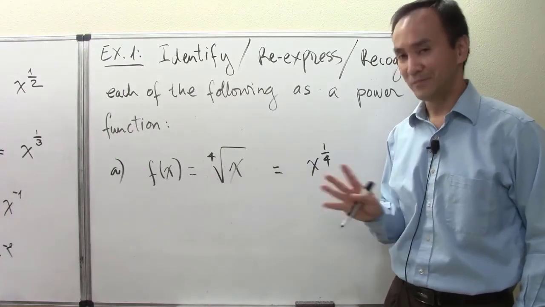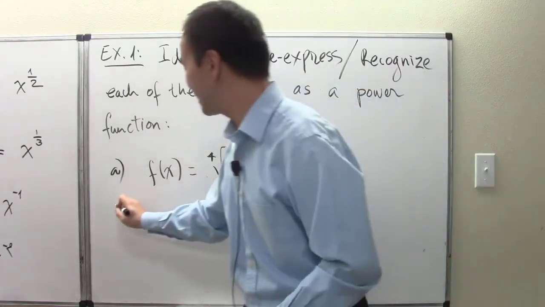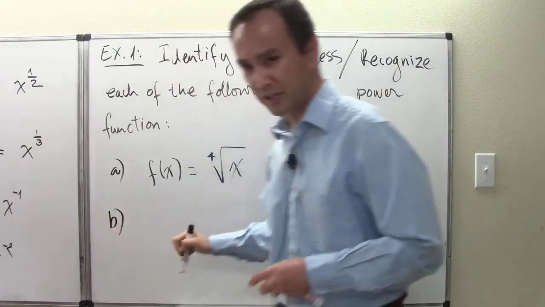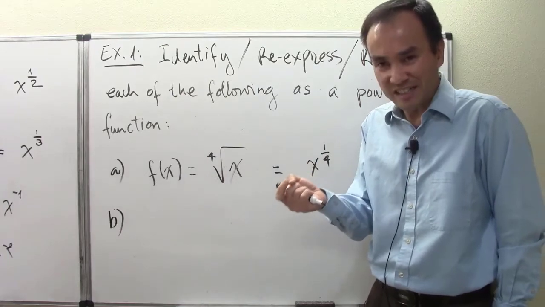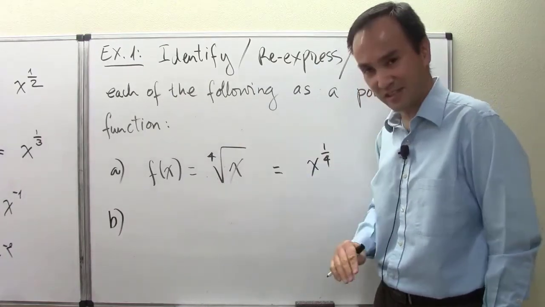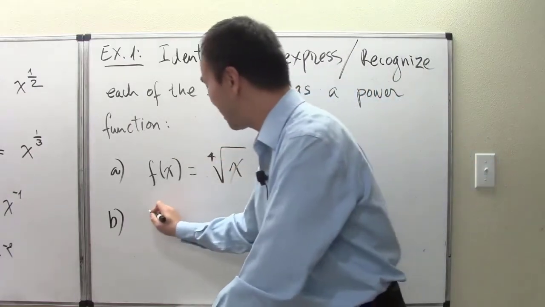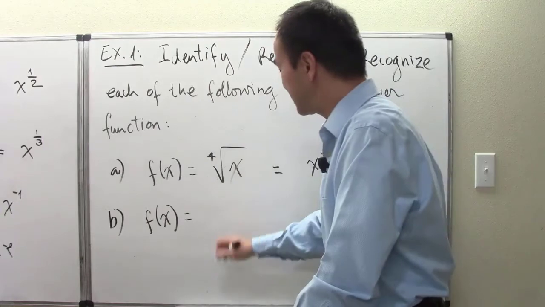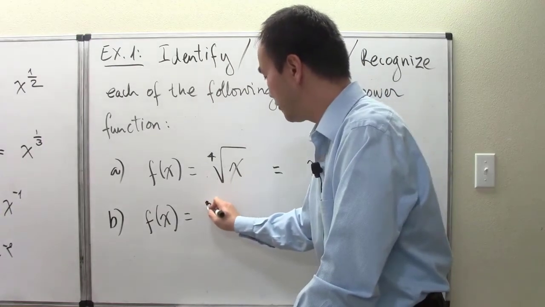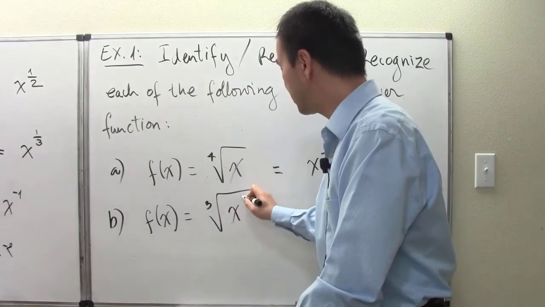All right, so now once you see where I'm going with this example, I can start bringing in part B, and I'm still leaving part A here, since these are simple problems and we still have a lot of space. So how about f of x equals, yes, it's a cube root, but inside of the cube root we have x to the 5th power.